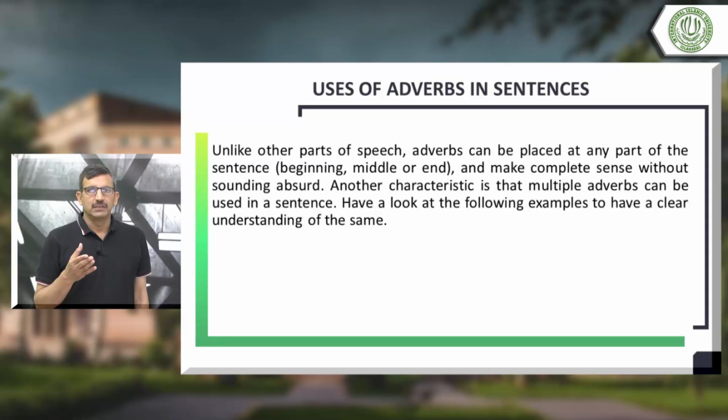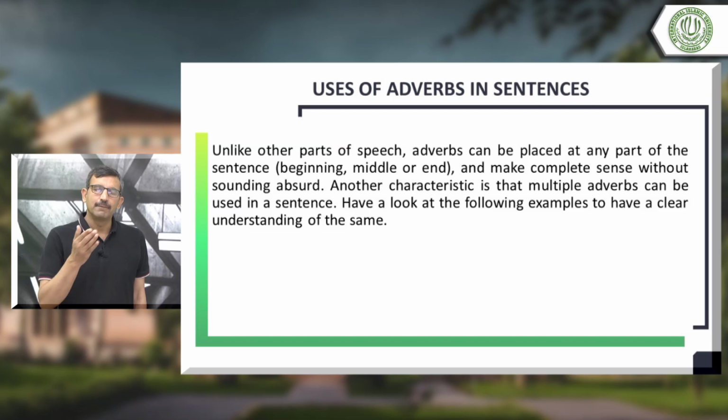Uses of adverbs in a sentence. Unlike other parts of speech, an adverb can be used at various places in a sentence. It can come in the beginning of a sentence, in the middle of a sentence, or at the end of the sentence. It can come in the beginning of a phrase, in the end of the phrase.